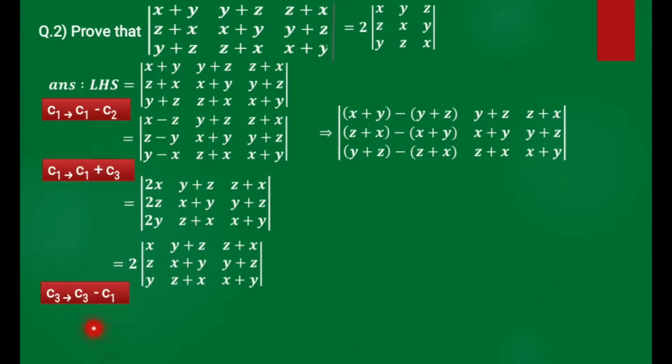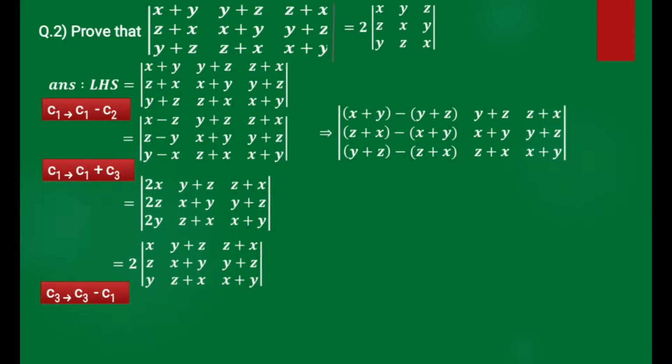Then we write operation C3 changes to C3 minus C1. That means here we write elements in third column. For that we subtract elements of column first from elements of column third. So here x gets cancelled, then z gets cancelled, y gets cancelled.